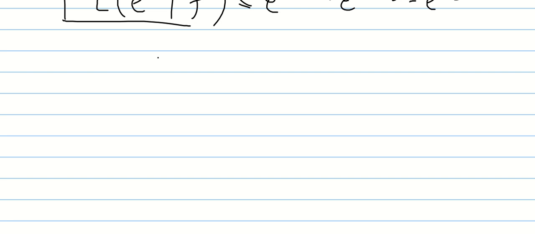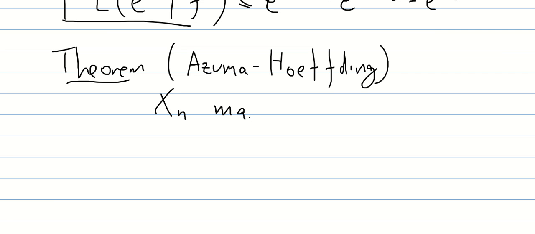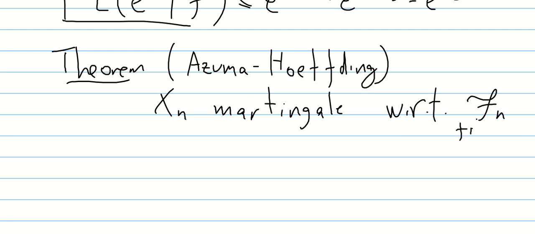Now what we're going to do with this is prove a very nice result about concentration of martingales, which is due to Azuma and Hoeffding. So suppose that we have a martingale xn, and when we say that something is a martingale, we always mean with respect to some filtration f.